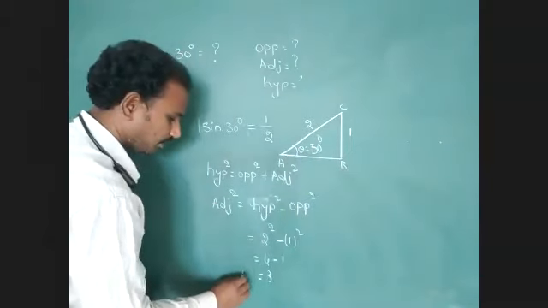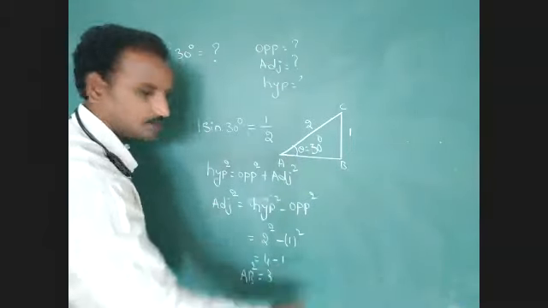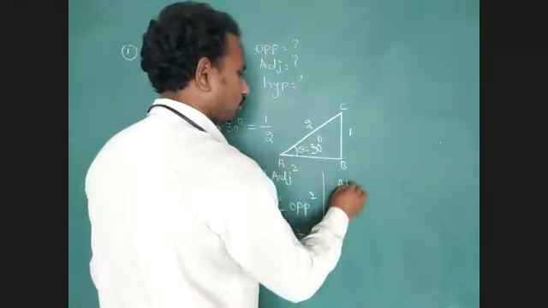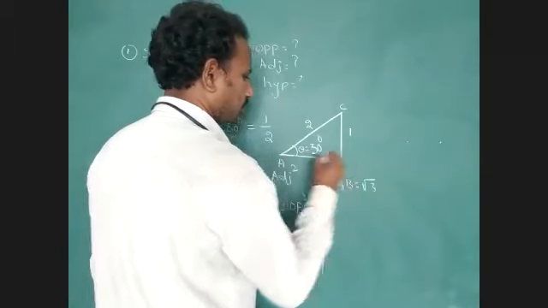The adjacent side represents AB. AB whole square equal to 3, so AB equal to root 3.